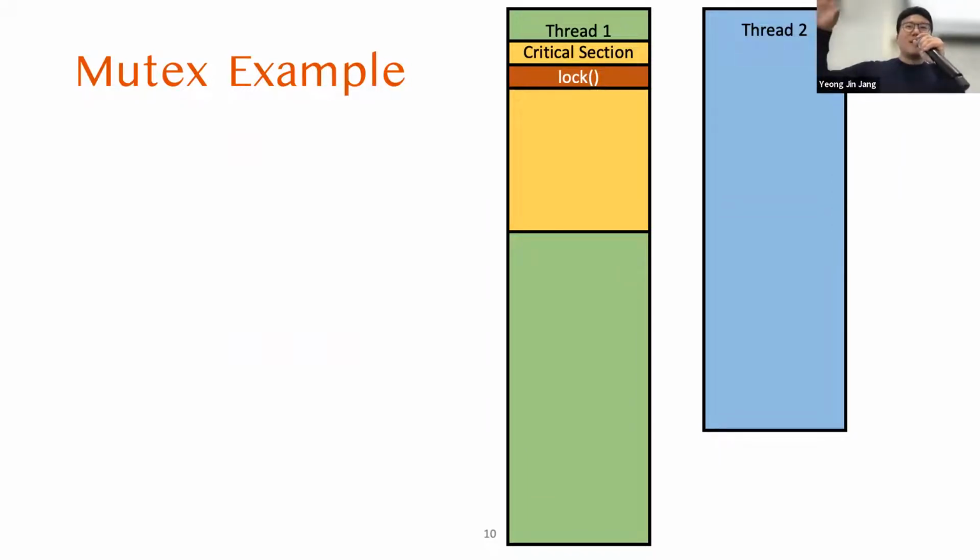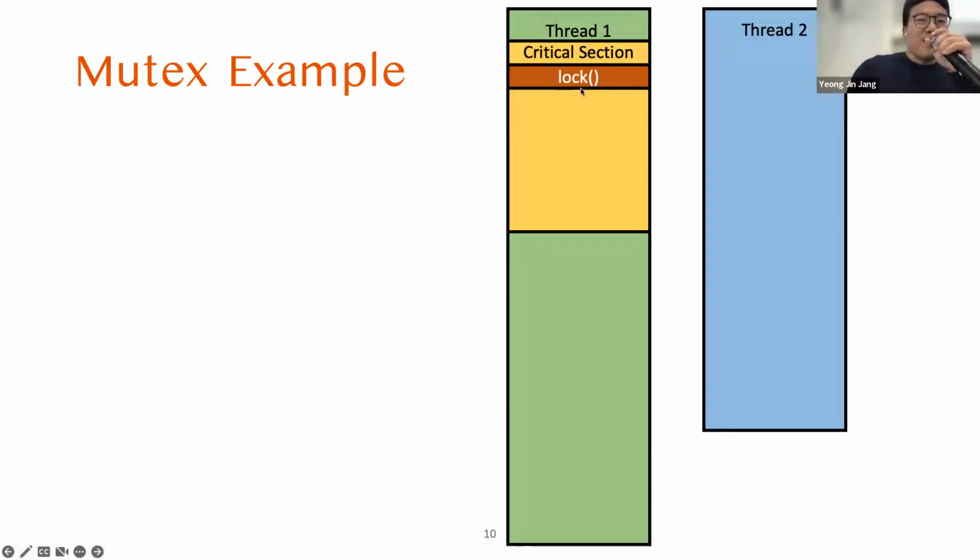We will learn more about how to implement lock and unlock in detail, but at this time, just think of it as a lock that prohibits any other thread from getting into the critical section. Only after unlock has been called can another thread get in. With this kind of lock primitive, we can guarantee that only one thread will be in a critical section.